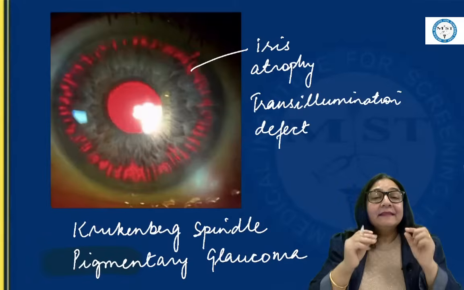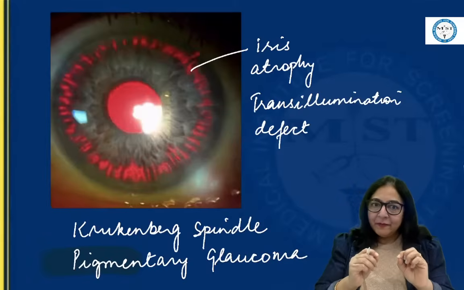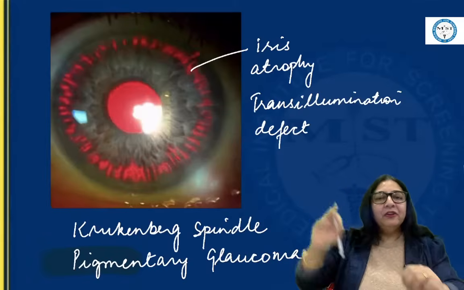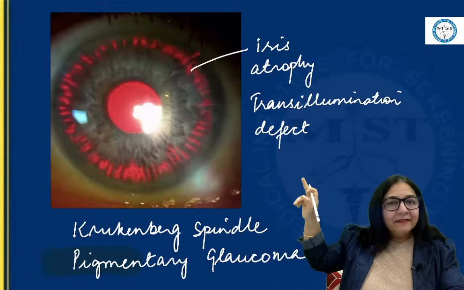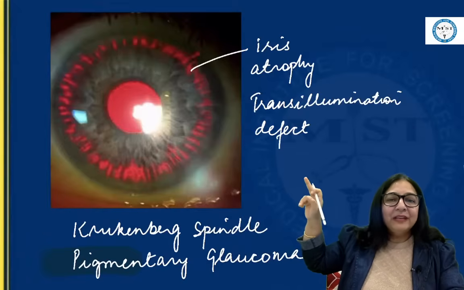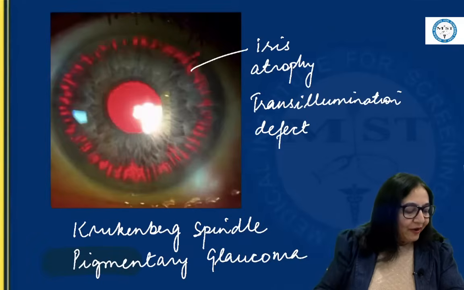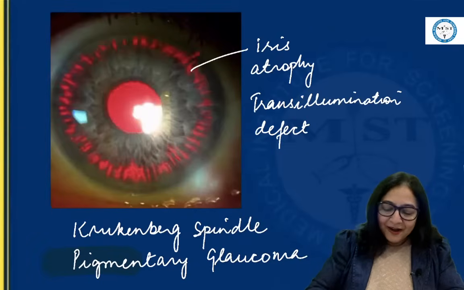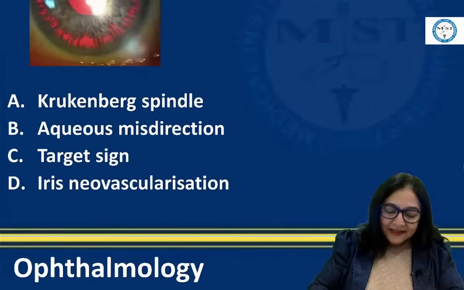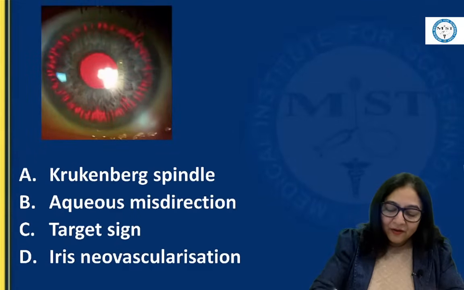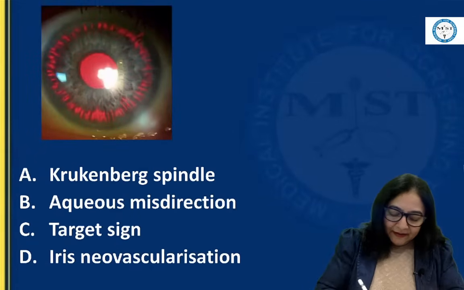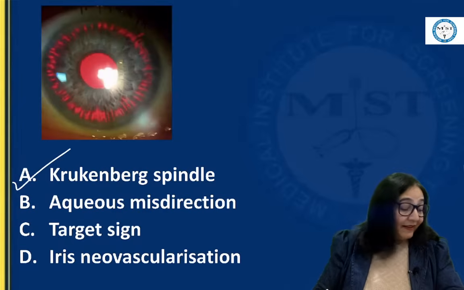It's a secondary open angle type of glaucoma in which you will see iris atrophy leading to transillumination defects, Krukenberg spindle, and high intraocular pressure. All of you are absolutely right in your answer.